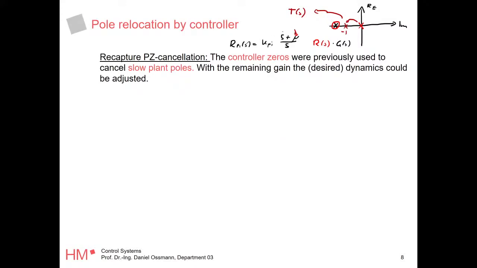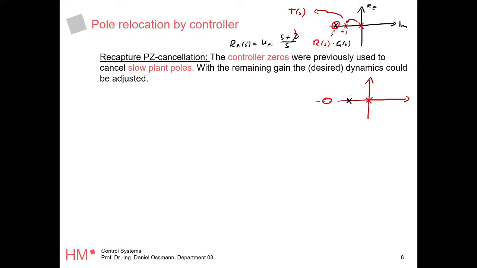Now we're going to look at what happens if we don't cancel these poles and place this zero somewhere else. Let's say same picture as above, same PT1 system. You have this pole here, and you introduce a pole at 0 with your PI controller, and now instead of using that zero to cancel a pole, you say, why not place the zero here?